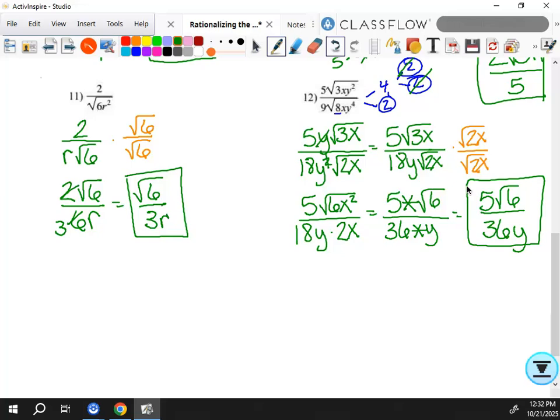When you're done, check your answer first before you check the steps. Because again, our steps might be a little bit different and that's okay. But if I'm wrong, also tell me.